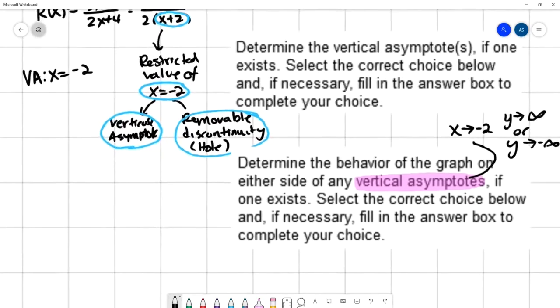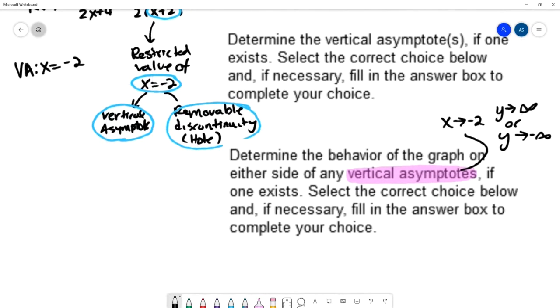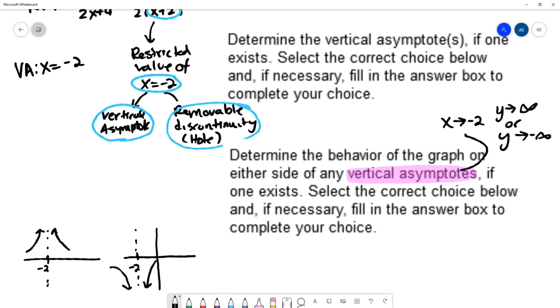So we really have four scenarios that could happen when we have a vertical asymptote. You could have your vertical asymptote, let's say at -2, and on both sides they go to positive infinity. Or you could have your vertical asymptote at -2, and on both sides go to -infinity.